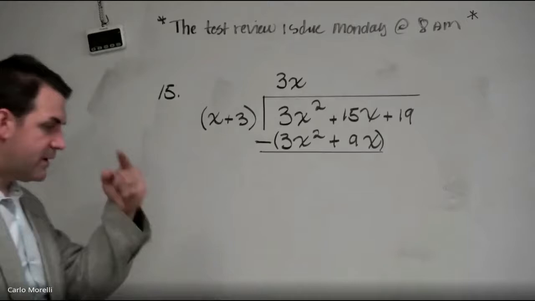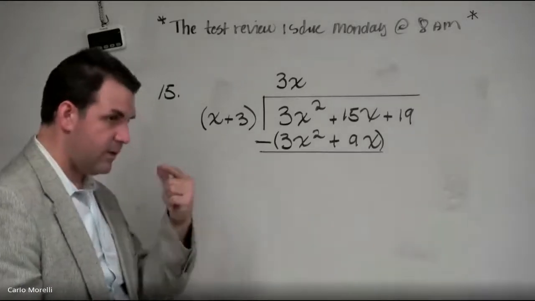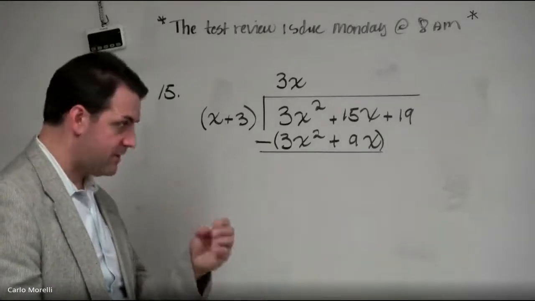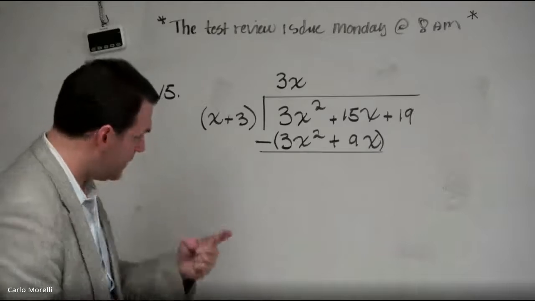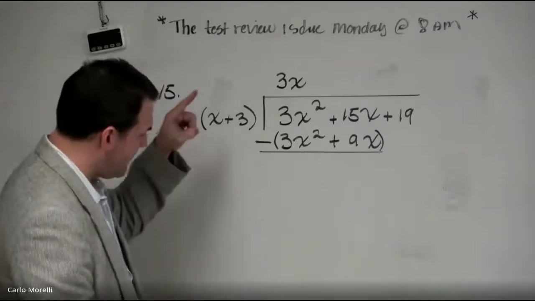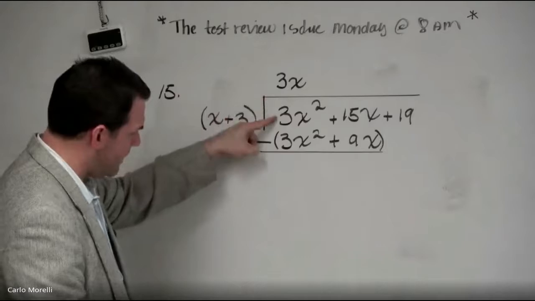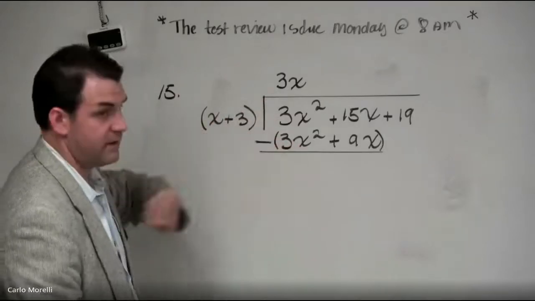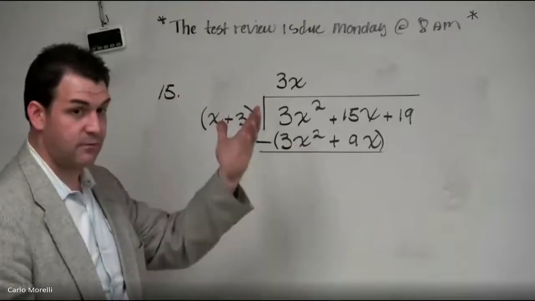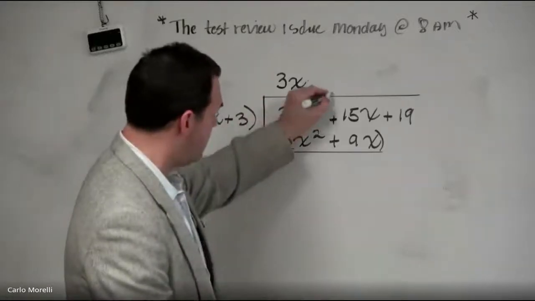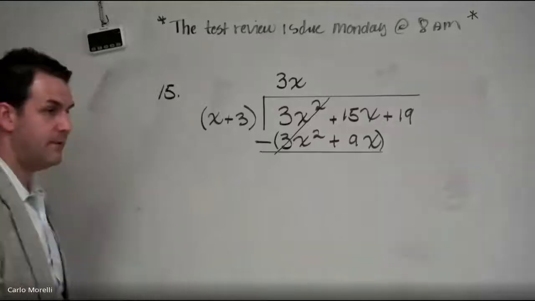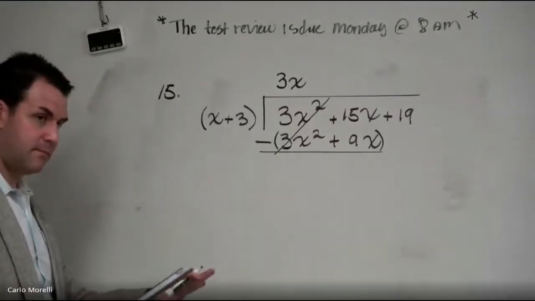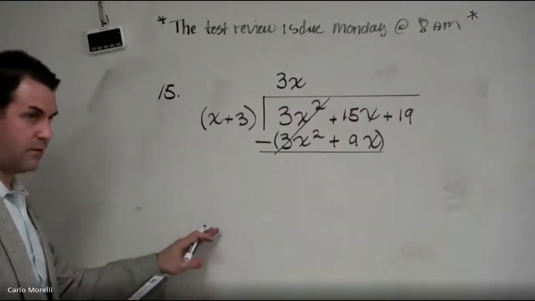Now you must use your inner voice, if not your actual voice, and your physical finger. And you need to point and say 3x squared minus 3x squared. It's a 0, right? These should always cancel. If they don't cancel, press the brakes, go back and check your work.